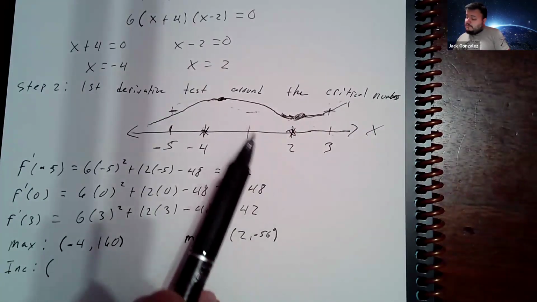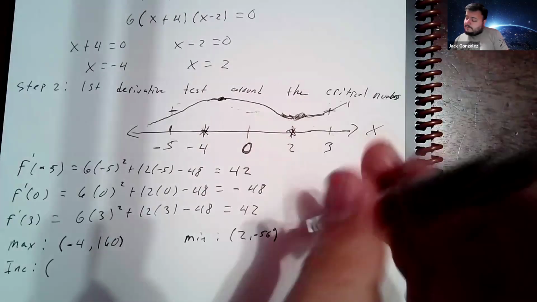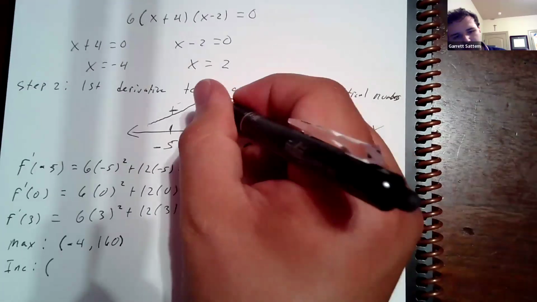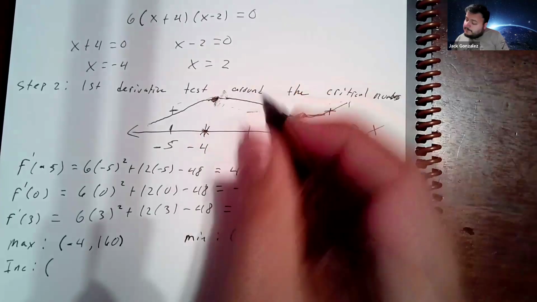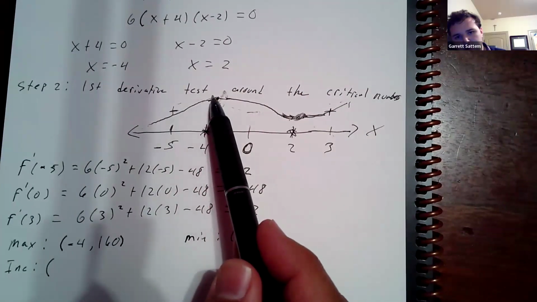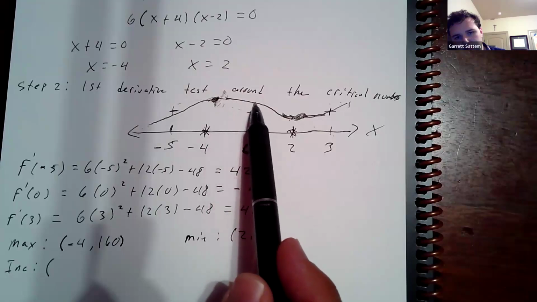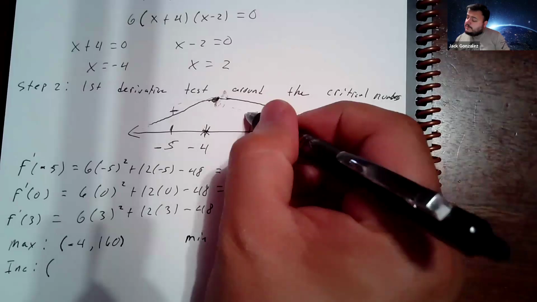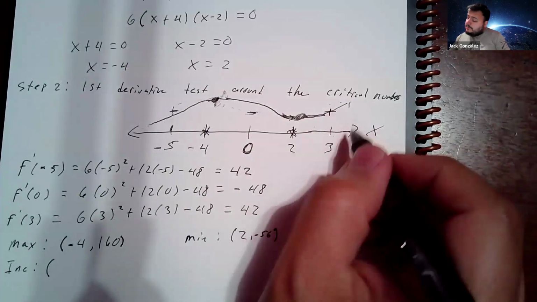So everything before -4, we have a plus on it, right? So everything before here is going up. And then after we're going down. And then after that, we're increasing again, going up.